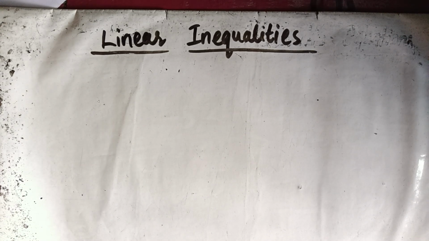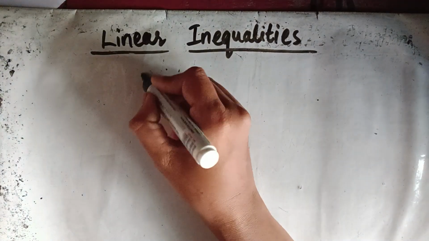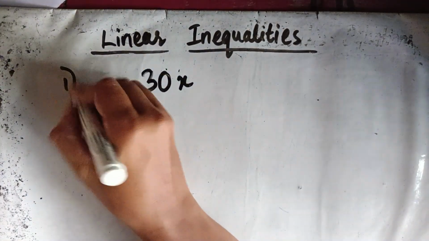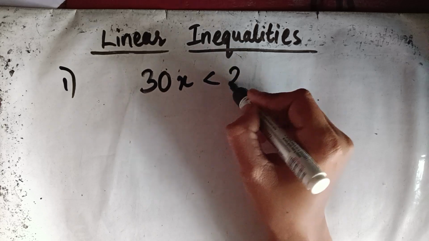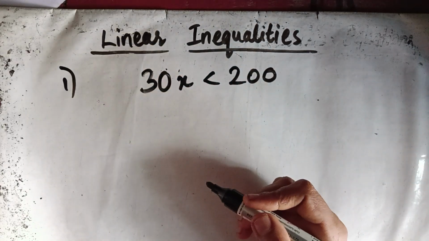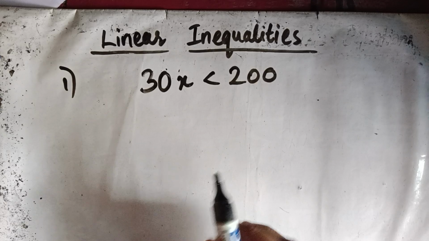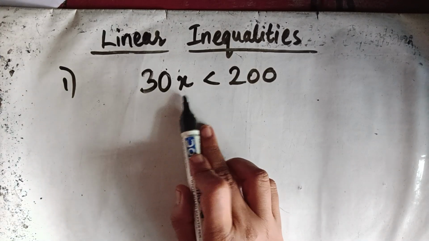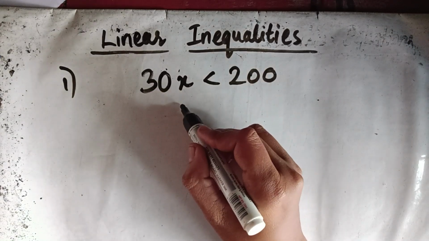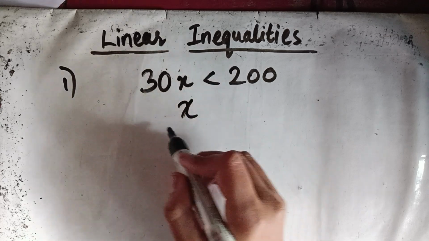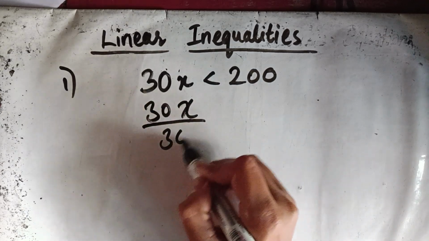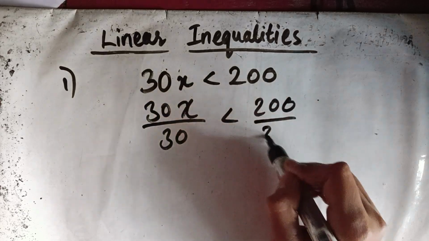Let's solve some problems. I'll take examples from the textbook only. Solve 30x less than 200. First, when x is a natural number, we have to choose values of x such that it is a natural number. If you solve this inequality, we divide by 30 here and also by 30 here.